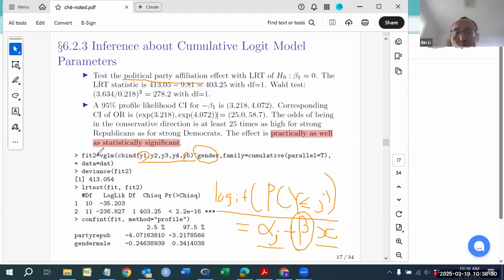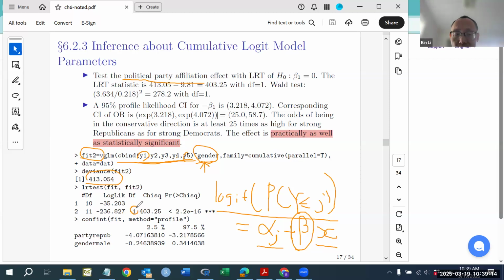So what we can do is fit another model, fit 2, that models the ordinal response using only gender, not using the party affiliation. Then we have a deviance, and we can do the comparison between fit 1 and fit 2. Fit 1 is the one that includes gender as well as the party affiliation, and fit 2 is only with gender.